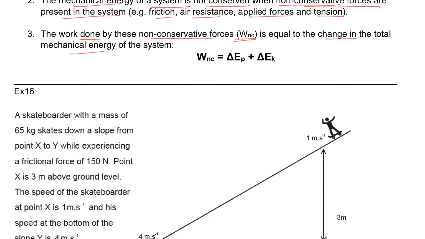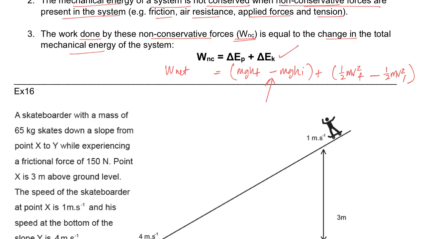So how that actually looks is, I can say W net is equal to mgh final minus mgh initial plus half mv squared final minus half mv squared initial. That is the main formula. That's where you get a mark.